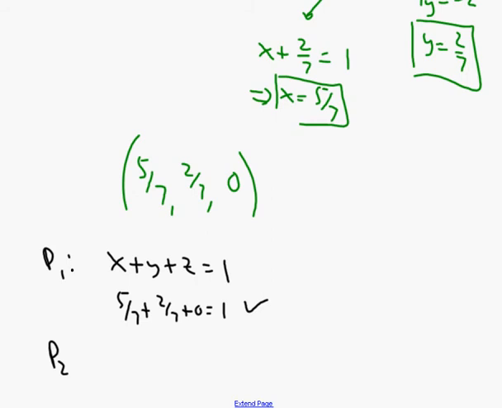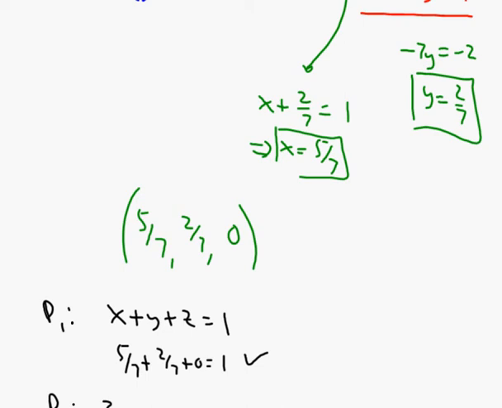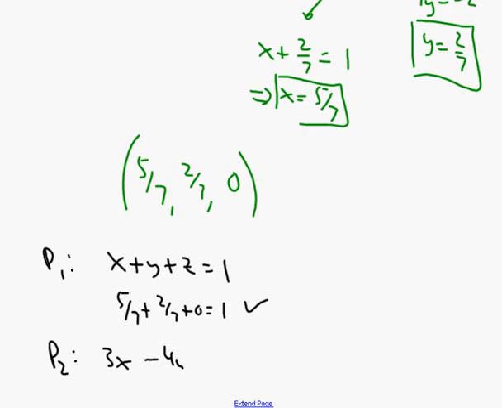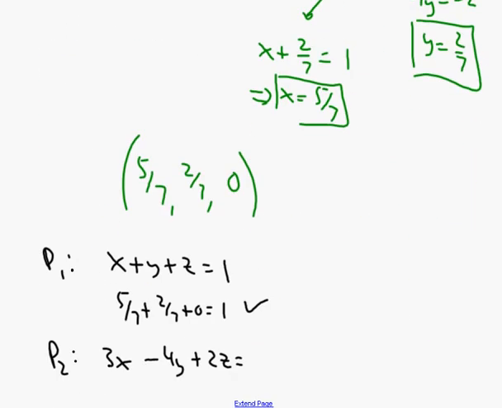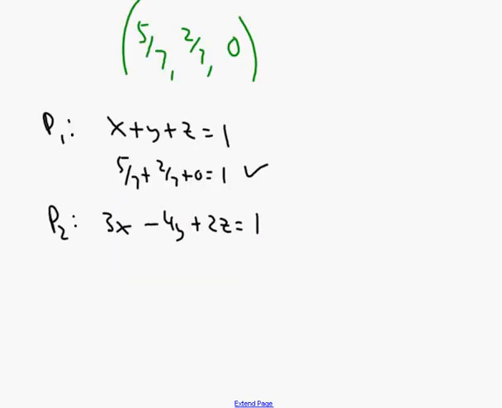Plane 2, I think that was 3x minus 4y plus 2z equals, let's make sure I got that one right, equals 1 also. We'll plug in the point and see how things go. So 3 times 5 sevenths minus 4 times 2 sevenths plus 2 times 0 is supposed to equal 1.